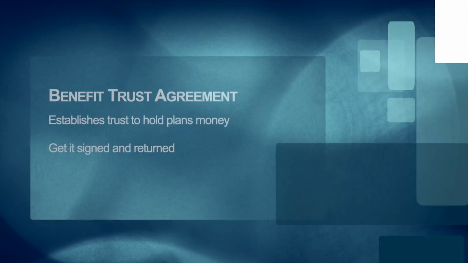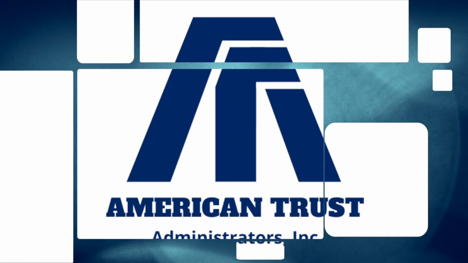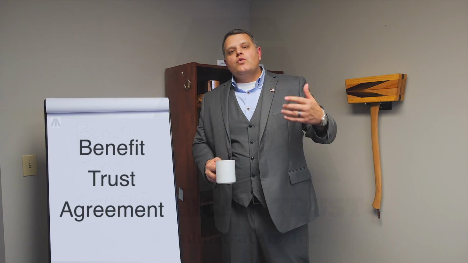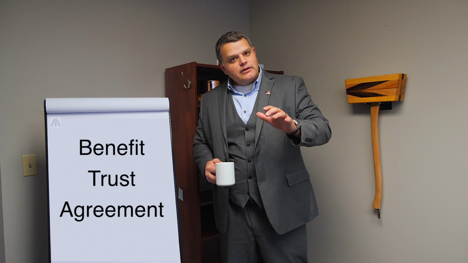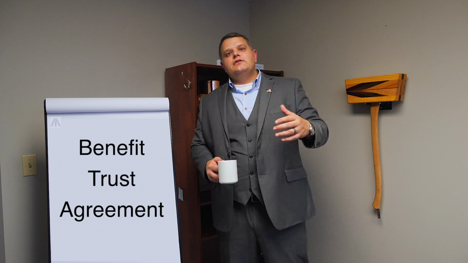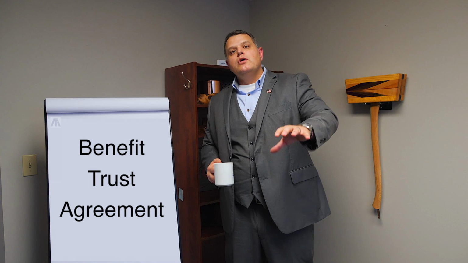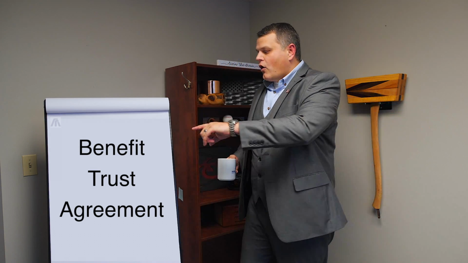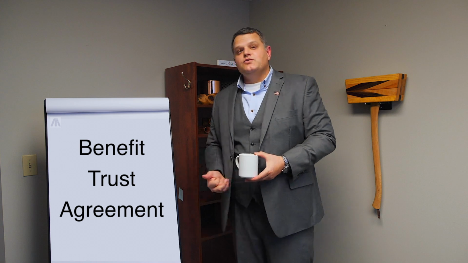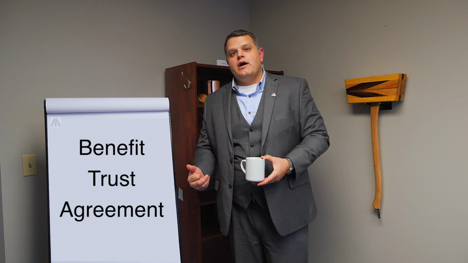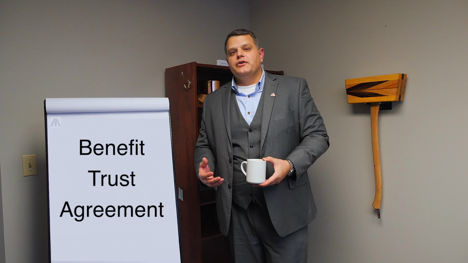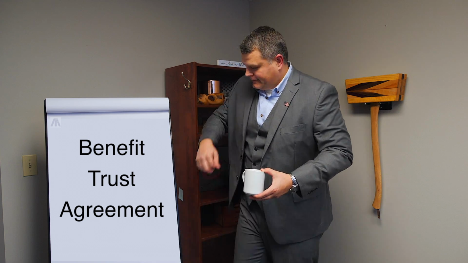We need to get that signed and returned for the plan. If you have a question about it, hit your GA up, and they can really explain it. It's moderately complicated, but there are some beautiful things that you can do with your client at renewal with those dollars that have already hit and are already inside of the benefit trust. This is one of the most beautiful things that we can play around with inside of the level funding world. I'm getting myself excited. Let's move forward.